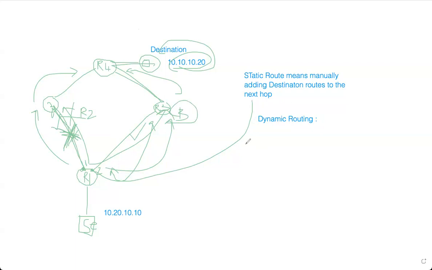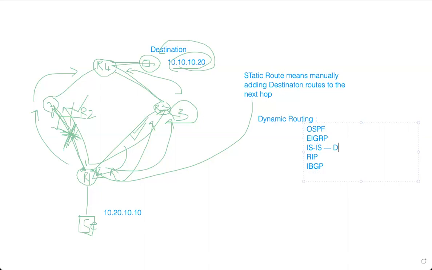Even though you are sleeping, it will automatically do that for you: if the active path fails, the backup path will be injected into the routing table. This can be done using routing protocols like OSPF, EIGRP, IS-IS, RIP, and also IBGP.